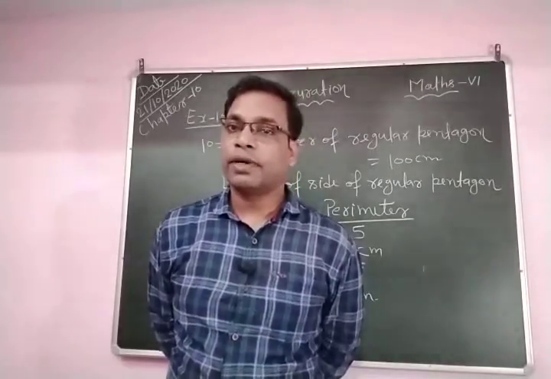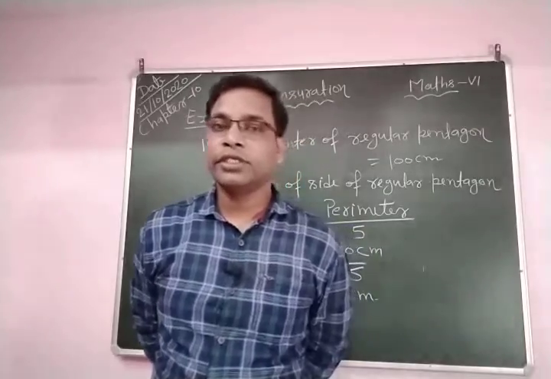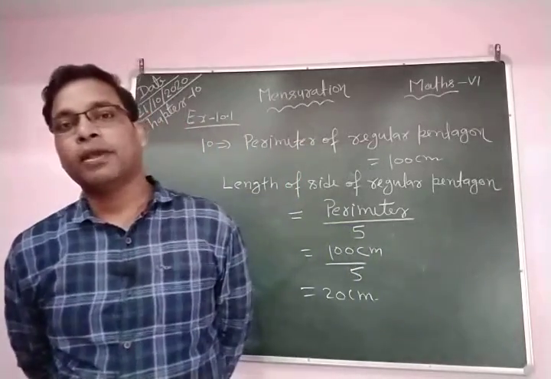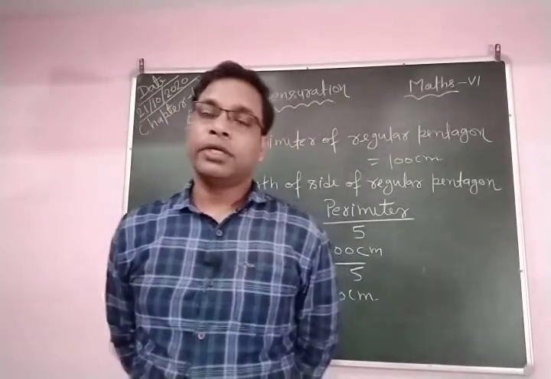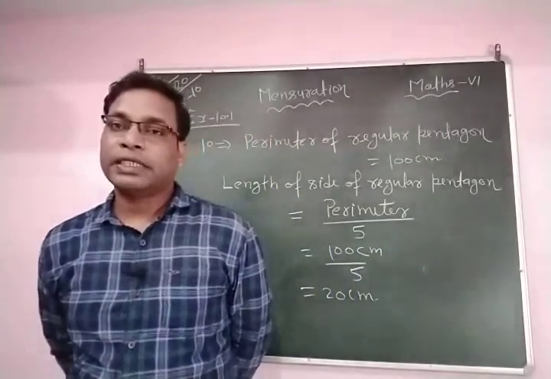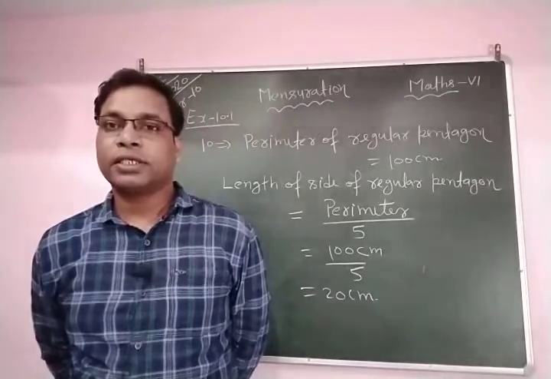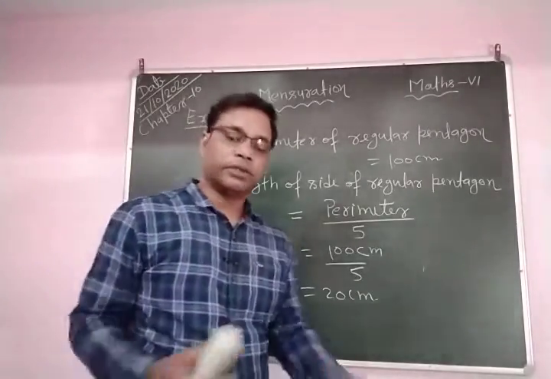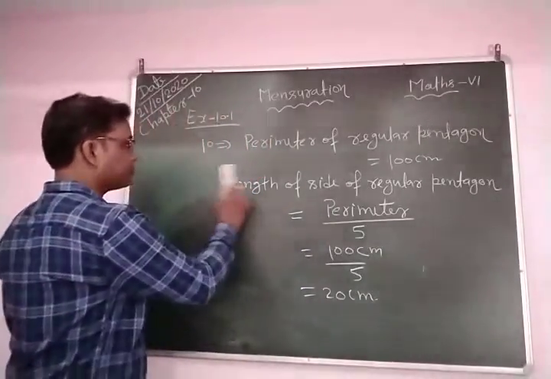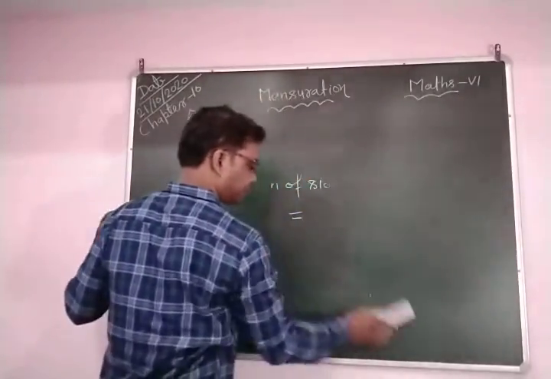The string is used to form a square. It means that the length of string is equal to perimeter of square. We need to find the side of the square.